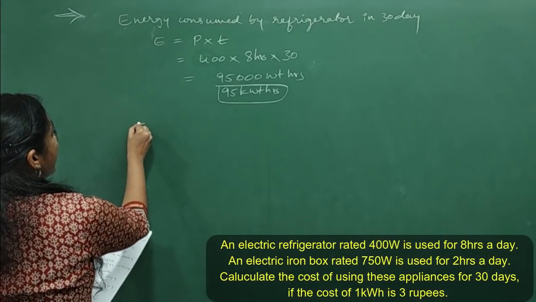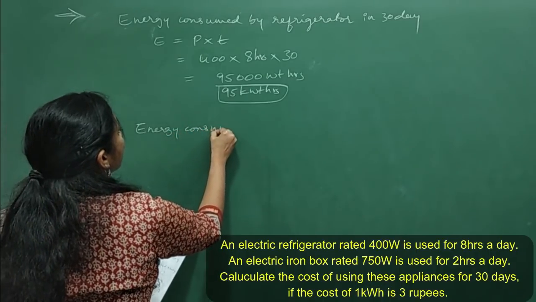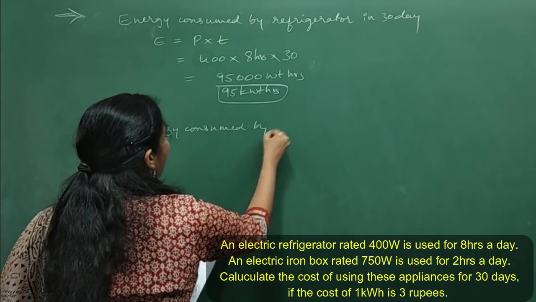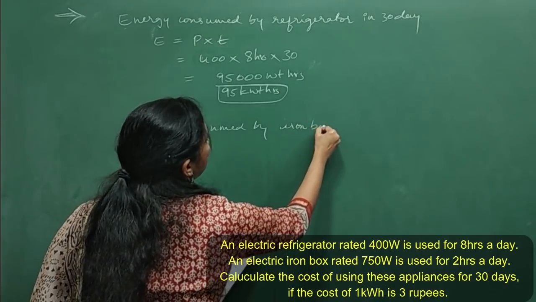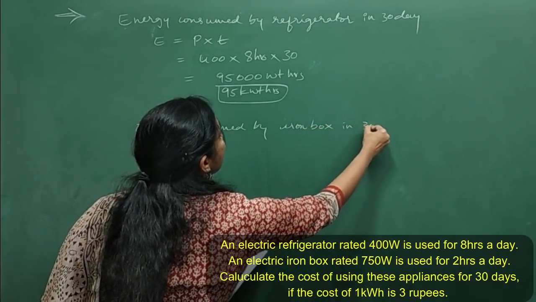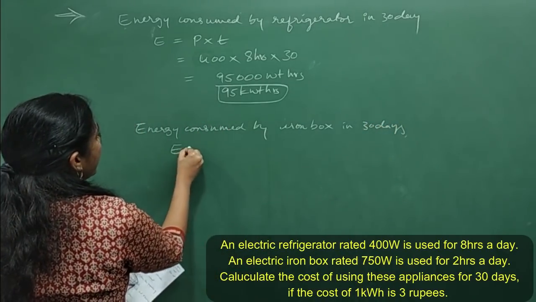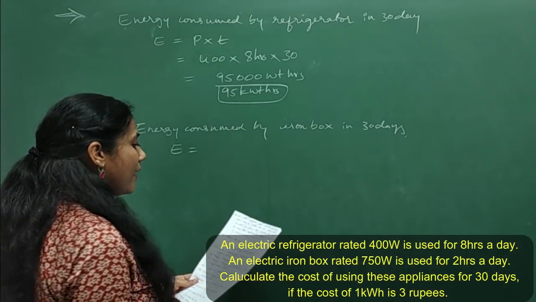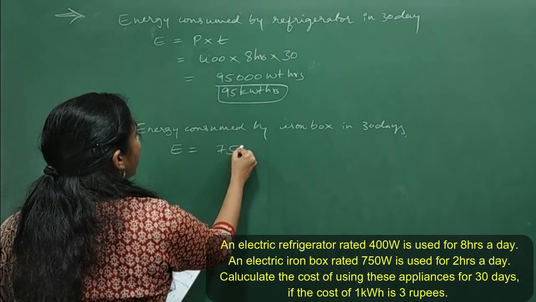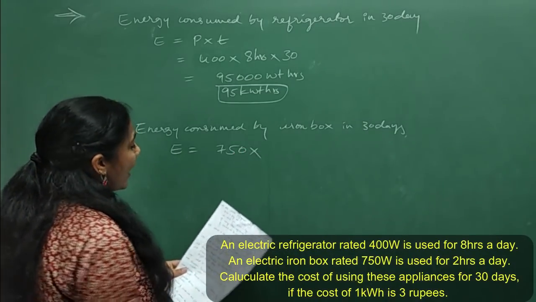So similarly, calculate energy consumed by iron box in 30 days. So how do you calculate? E is equal to power into time. What is the power they have given here? 750 watt into what is the time? 2 hours a day.